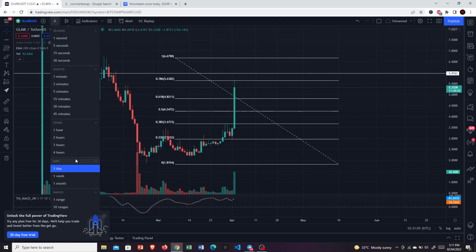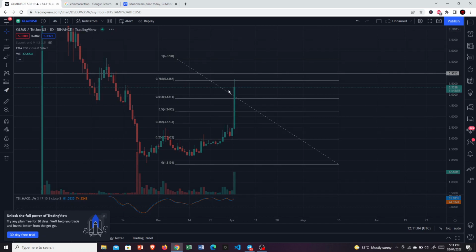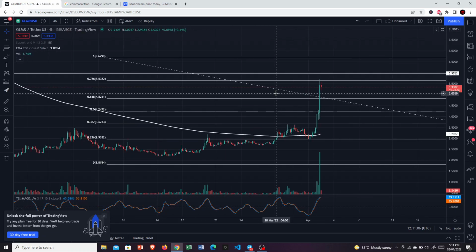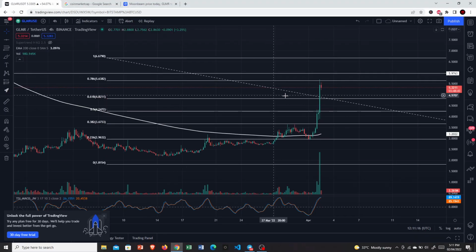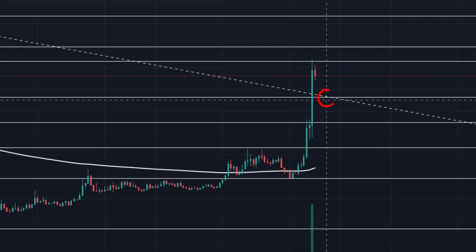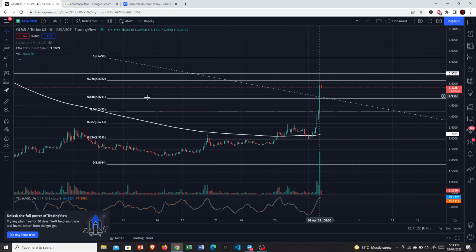So if anyone is willing to enter into MoonBeam right now, I will suggest him or her to buy at this support over here, because we have a higher chance of a bounce from this support. So the 0.618 Fibonacci support is at $4.82. So if anyone is willing to enter, he can enter at this support over here, which is at $4.82.